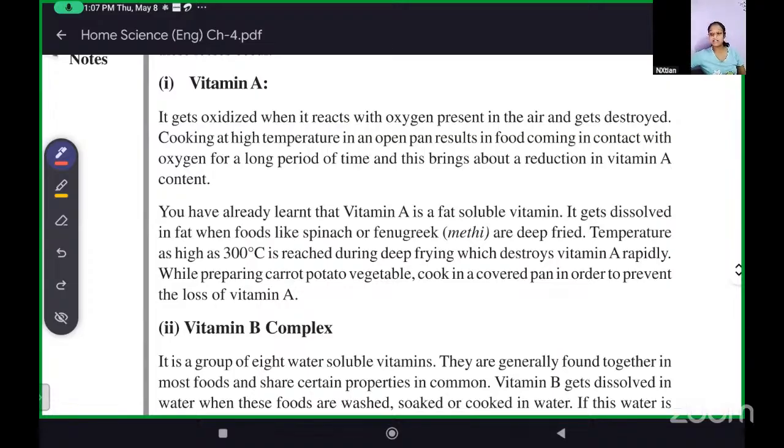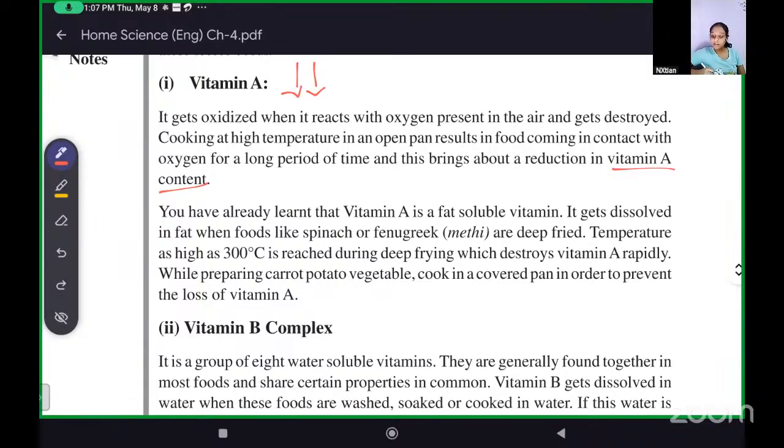And this brings about a reduction in vitamin A content. See, some foods have vitamin A. When we cook these foods at a very high temperature in open air, this vitamin A reacts with oxygen present in the air, and its content in the food decreases.